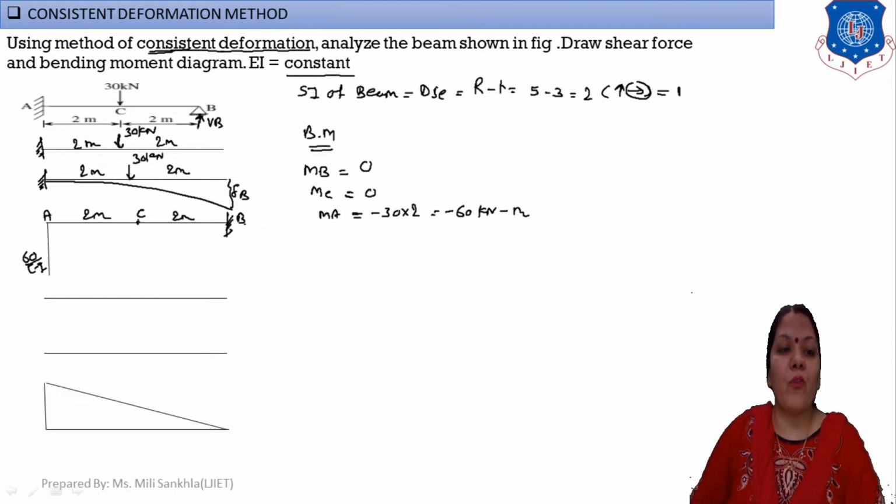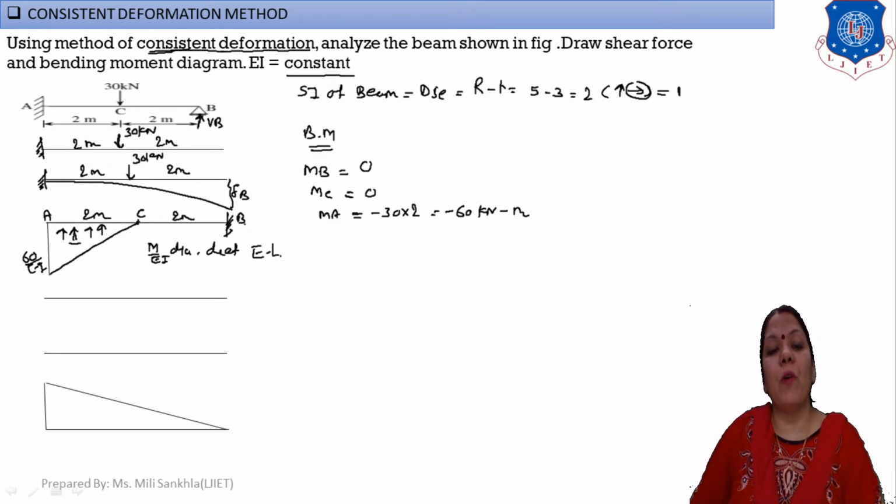Since the point load is given, the moment diagram is inclined this way. This is a minus diagram, so the force direction is upward. This diagram is the M upon EI diagram due to the external load, EL for short. You remember that E means external, L for load.